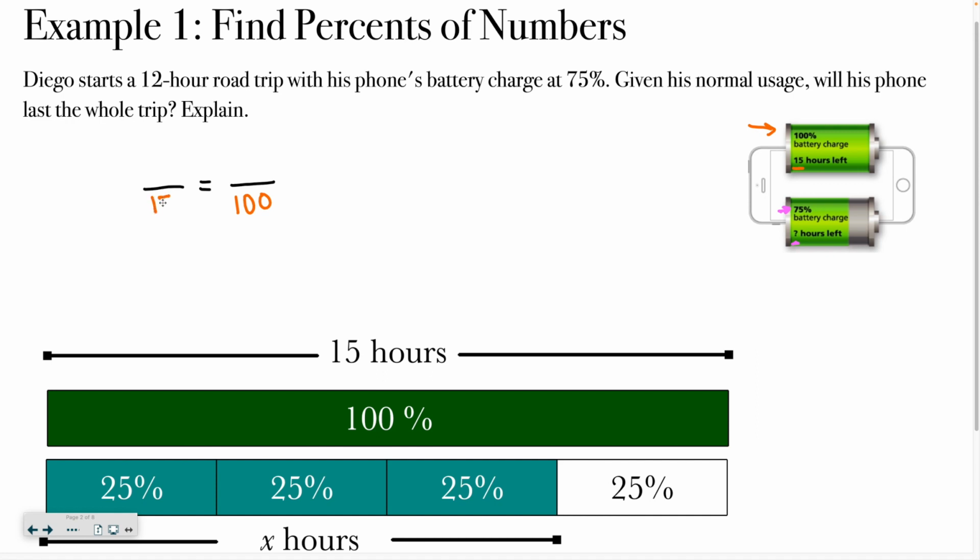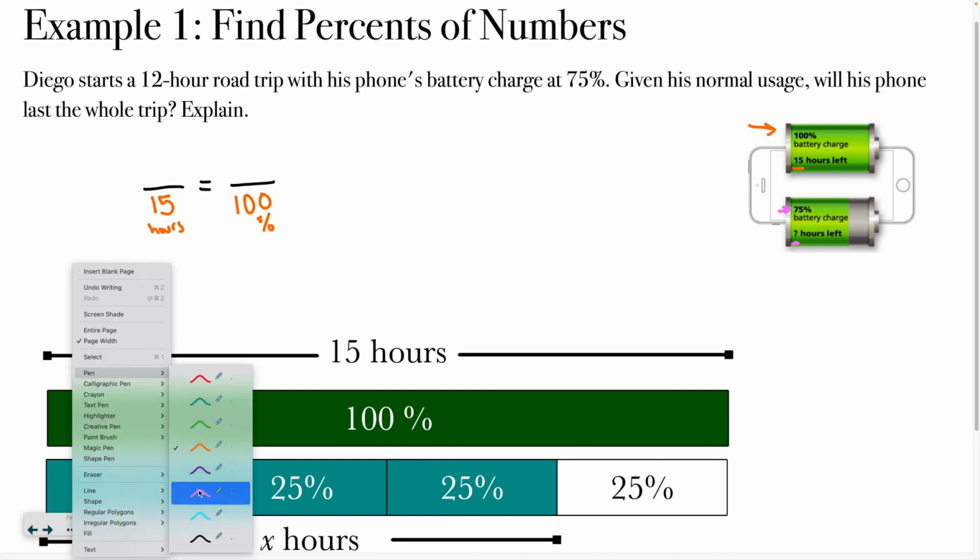And then I'm going to put the 15 next to the 100, just on the other side of the equal sign, okay? Because that 15 hours means that it's at 100%, right? So that's why I have them on the same level like that. Okay, so this is my hours and this is my percent.